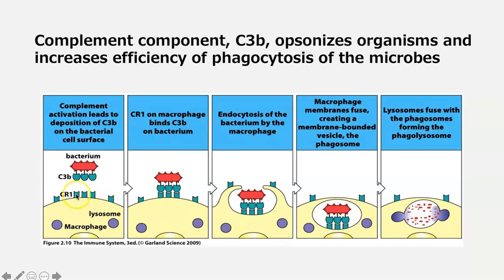These are shown here as complement receptor type 1 or CR1. The opsonin binds to the receptors, and this facilitates the engulfing of the bacterium by the phagocyte within the membrane-bound vesicle we call the phagosome. As we saw, the lysosomes will fuse with the phagosome, forming the phagolysosome, which will result in enzymic killing and destruction of the bacterium.